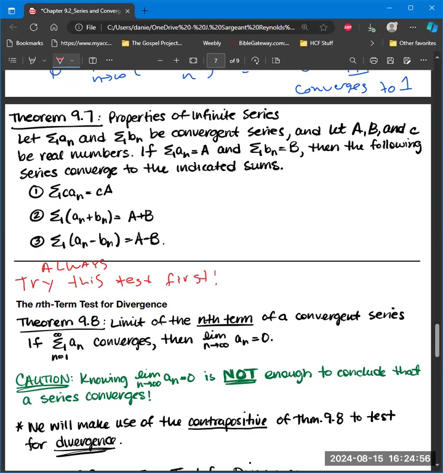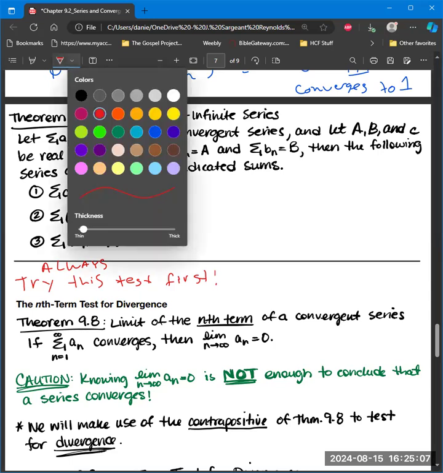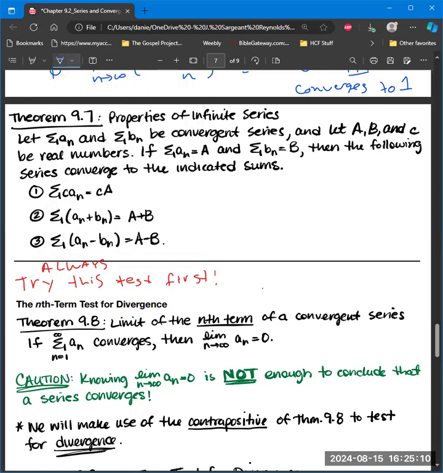So this is number 1 on our sheet of tests for a reason, even though we learned about the other tests, geometric and telescoping, before we talked about this one. Always do this one first.